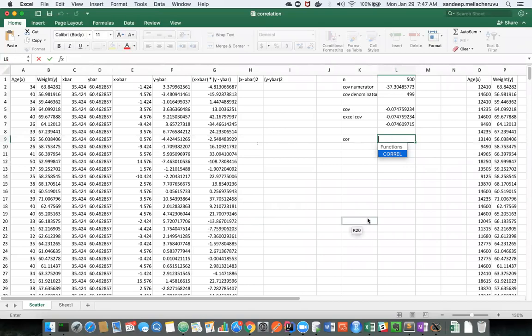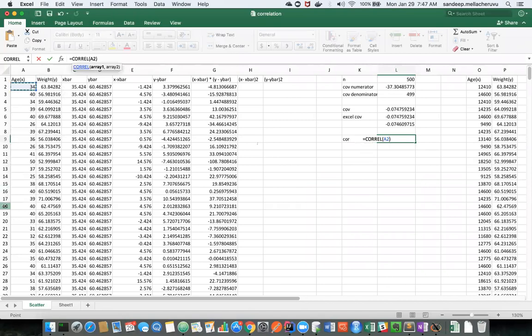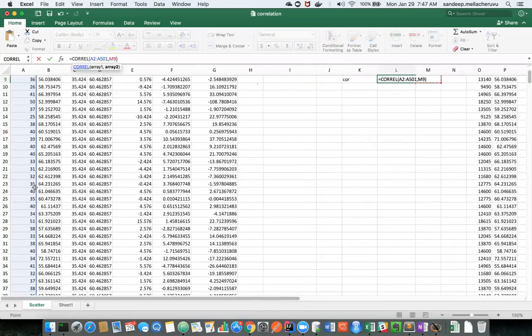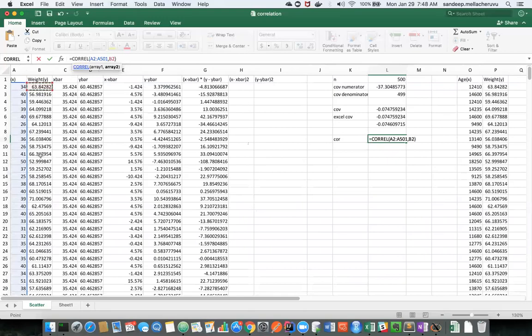Okay, now how to do the correlation? Again, the same steps, but in this case I am using the Excel formula directly. Correlation: the first variable, comma, the second variable.